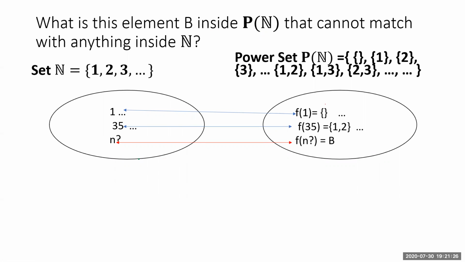So what is this special set B that cannot match up with any n? I put an n question mark here. I'm wondering what could n be, and it's going to turn out there's not anything. n could not be anything. So Cantor found the very special set B that does not match up, the leftover element of the range.